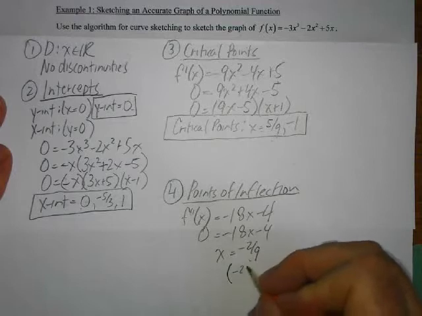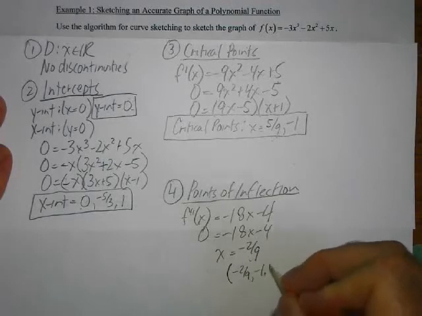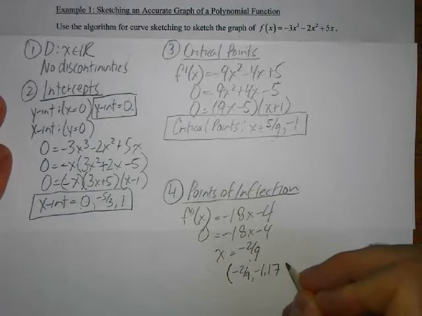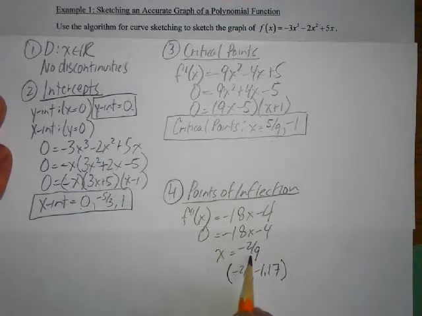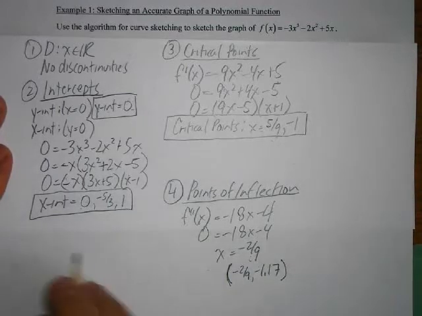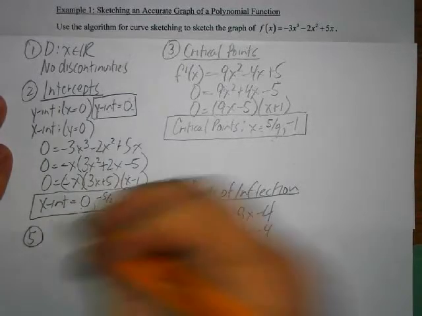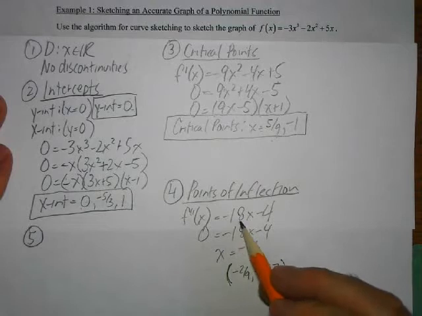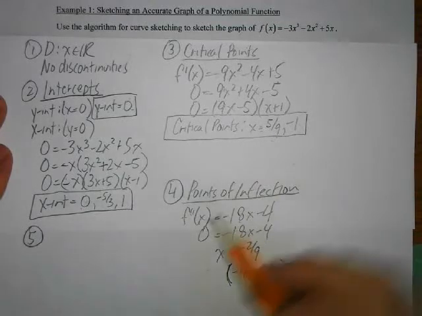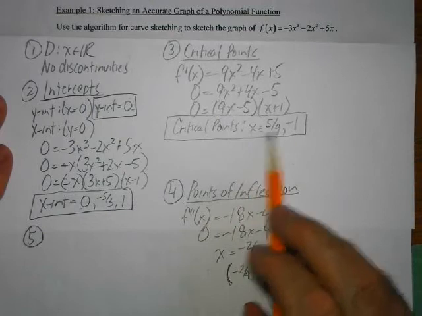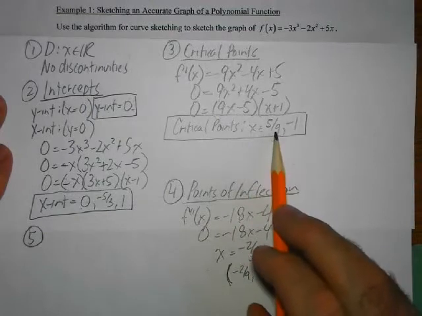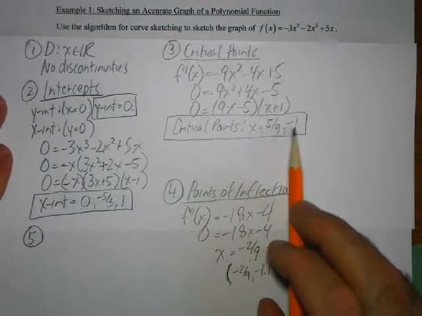So negative 2/9, negative 1.17. Okay, we're still not sure if this is a point of inflection yet. We're going to be doing some interval testing for the second derivative, the concavity. We're going to do that over here. But before I do that, I'm now going to do the second derivative test for these critical points to see if they are local mins, local maxes, or neither.